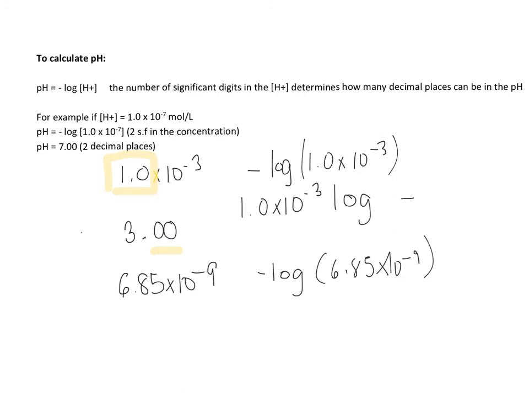So this tells us that the pH is 8.16430 in the calculator, but there's 3 significant digits, so there needs to be only 3 decimal places. So the pH, if the concentration of hydrogen ions is 6.85 times 10 to the negative 9 moles per liter, is 8.164.